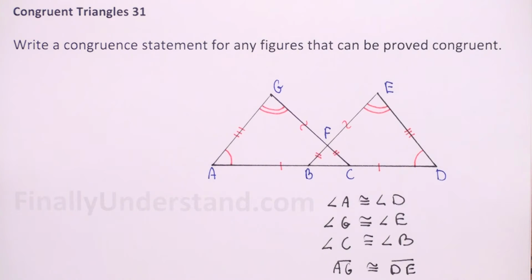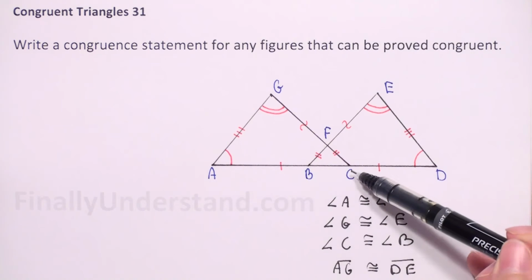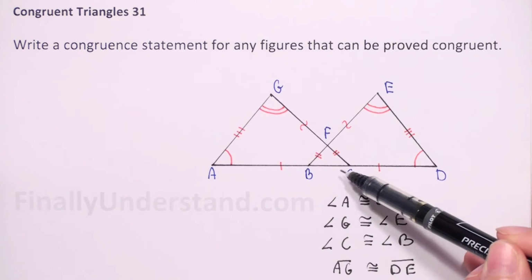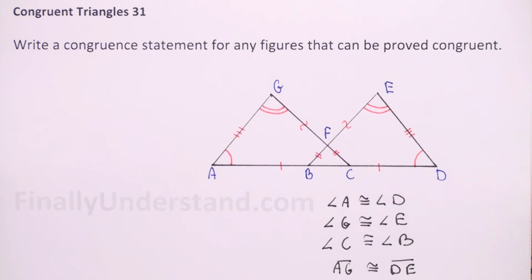What next? We have that AC is the same like BD. So we can write that side AC is congruent to BD.